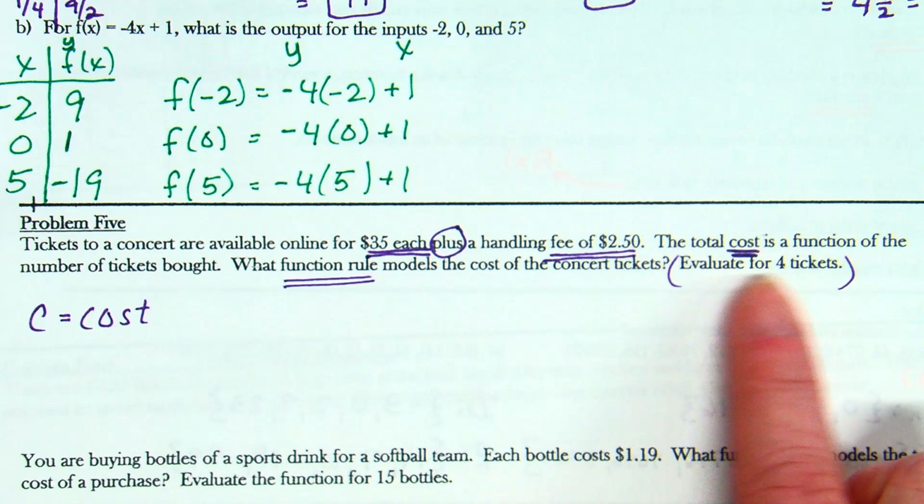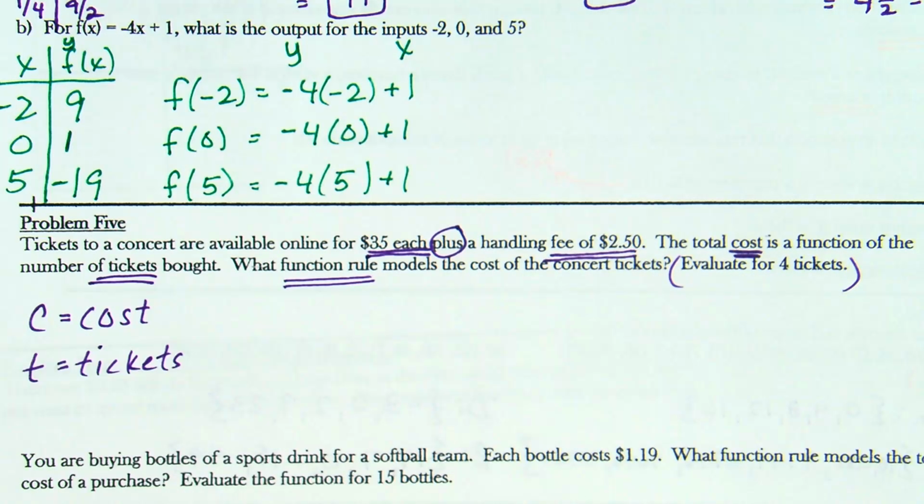When it wants a function rule, we're finding an equation for the total cost, so the total cost is C. Kind of like f of x, I'm going to write it as C of t. If you just write C equals, I'll be fine, but official language is C of t.